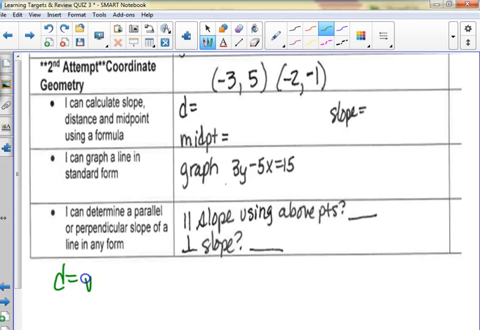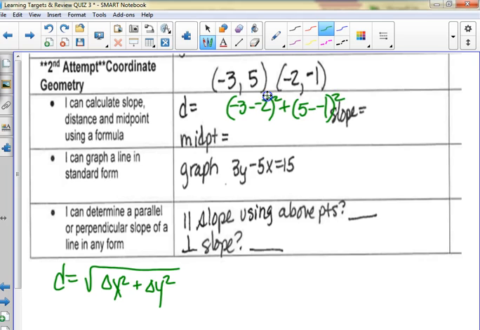How do you find distance? Yes, change in x, which means subtract, squared plus change in y squared. So -3 minus -2 are the x's, and 5 minus -1 are the y's, and we still got to square root that mess.